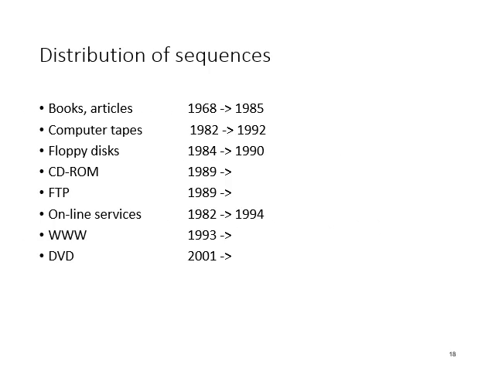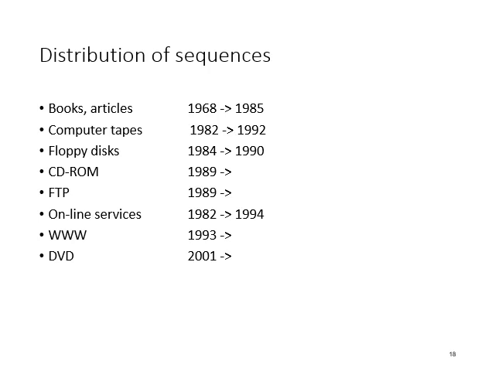Now, the distribution of sequences. Initially, from 1968 to 1985, people were publishing sequences in books and articles. Later, computer tapes were available and used from 1982 to 1992 for distribution of sequences.